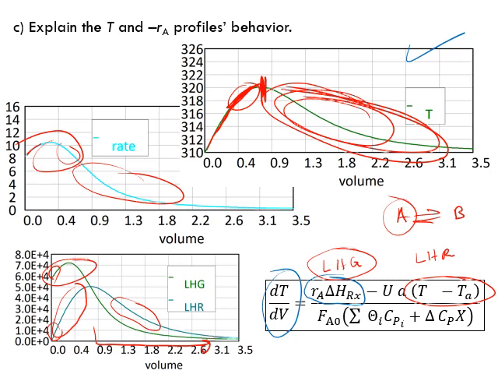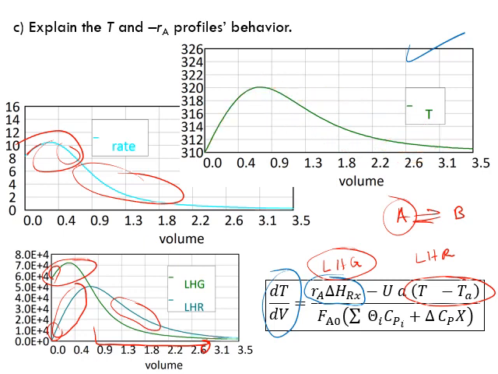Okay, so now the temperature, as we said, continues decreasing because the heat removed from the reactor is removed at a rate which is faster and greater than the rate at which heat is released from the reaction due to the low rate of reaction. Okay, I hope we explained the temperature and the rate of reaction profiles clearly.